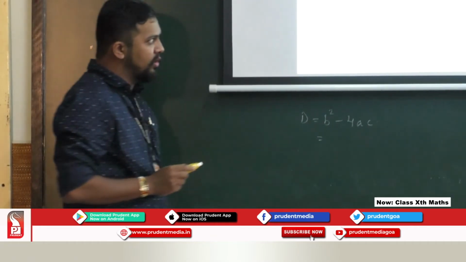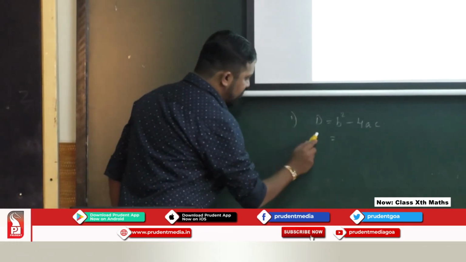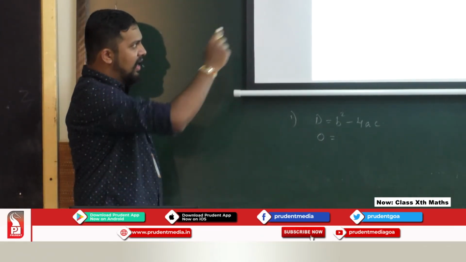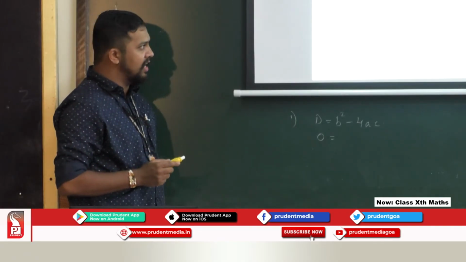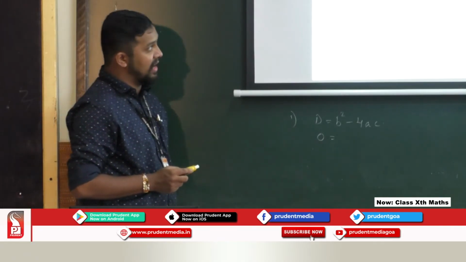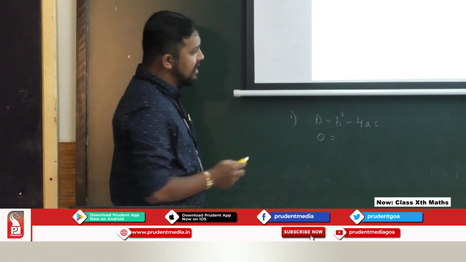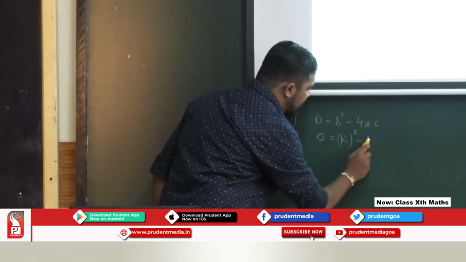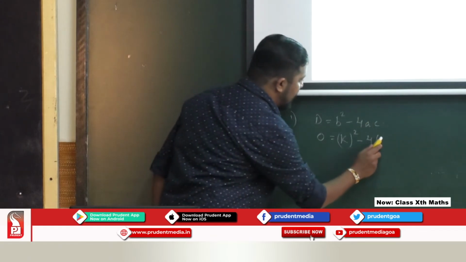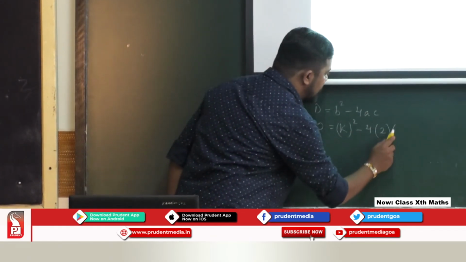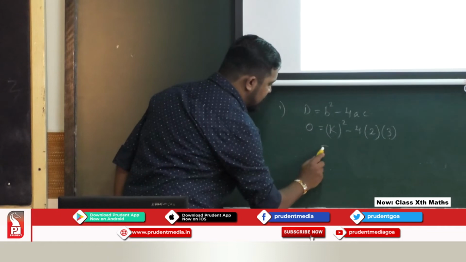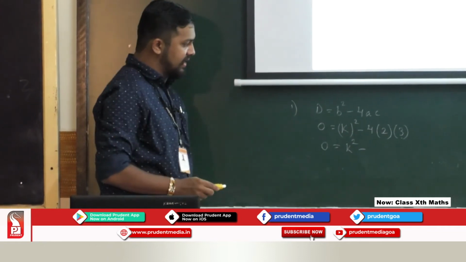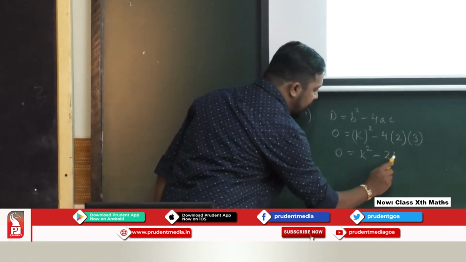Now I told d is 0, because equal roots. Identify a, b, c. a is 2, b is k, and c is 3. So k square minus 4ac, k square minus 4 2s are 8, 8 3s are 24.